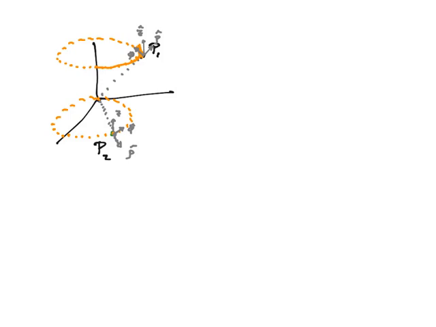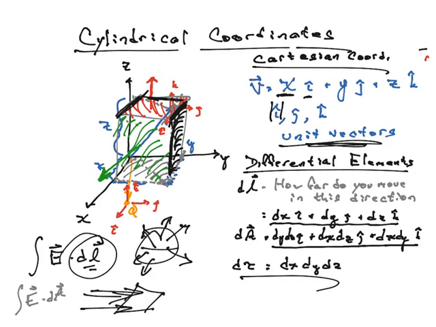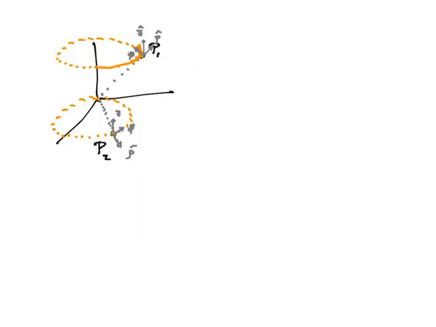So that means my basis vectors, my rho, my phi, and my z, depend on position. They depend on where in space I'm talking about. So that means, unlike with the Cartesian, where i hat, j hat, k hat are just i hat, j hat, k hat, no big deal, now I have to worry about what rho, phi, and z are based on i hat, j hat, k hat.